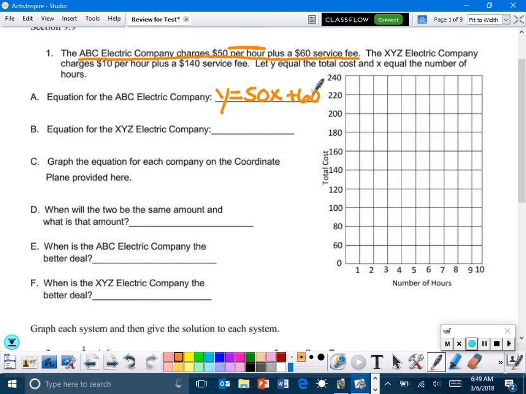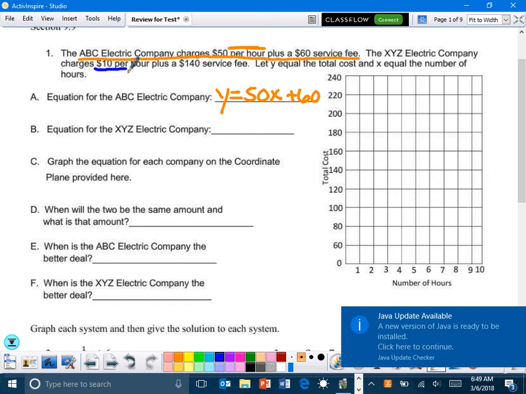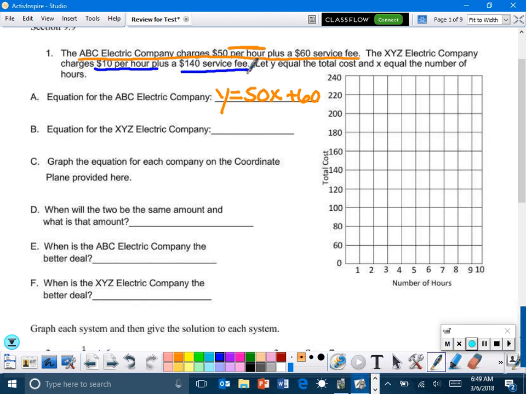All right, there's our first equation based on the ABC Electric Company. Now, the XYZ Electric Company, $10 per hour, that's pretty cheap, but it's a $140 service fee. So that would be Y equals 10x plus 140.